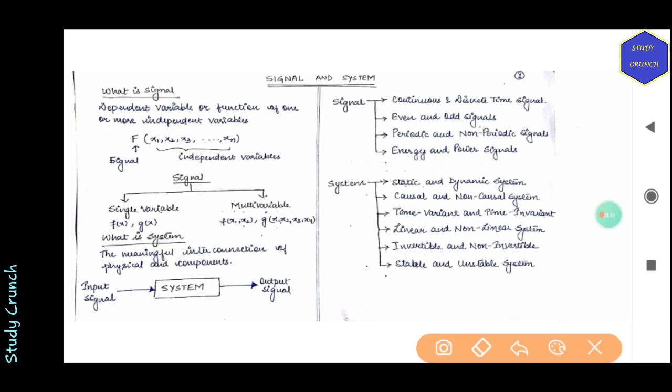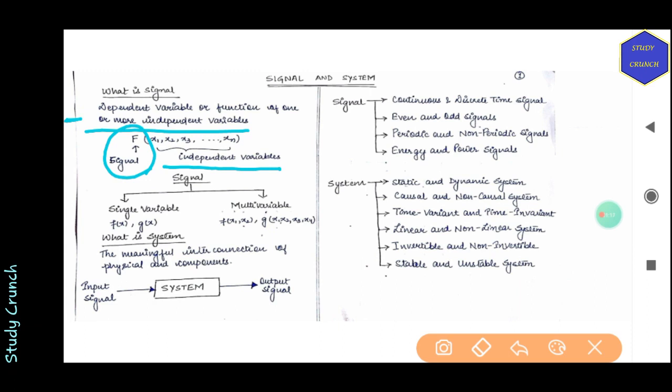Okay, so basically, what is a signal? A signal is a dependent variable or a function of one or more independent variables. So basically, you have independent variables like x1, x2, x3, and so on, that will group as a variable or a function known as a signal.